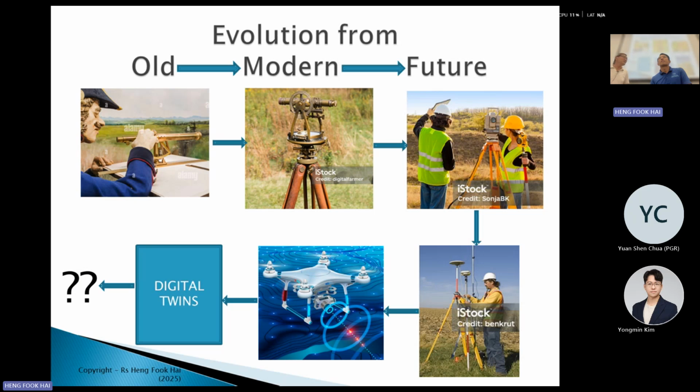This is the evolution from the old days when we had a plain table, all the way to digital twins, but we won't know what is coming, right? So even after you graduate, there might be something new. Technology is moving at a very fast rate. So just be prepared.